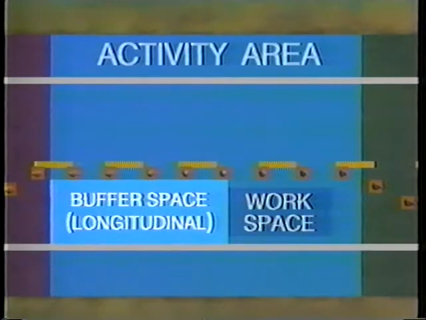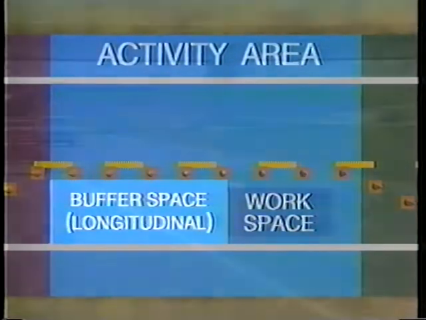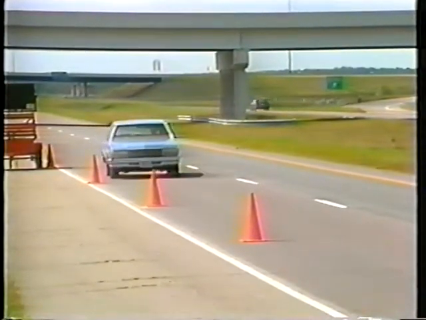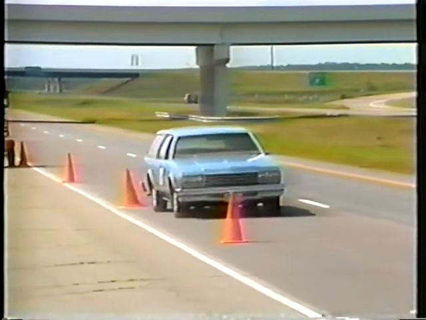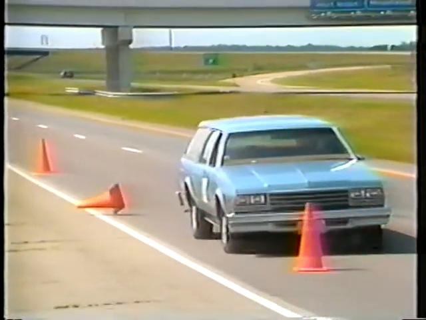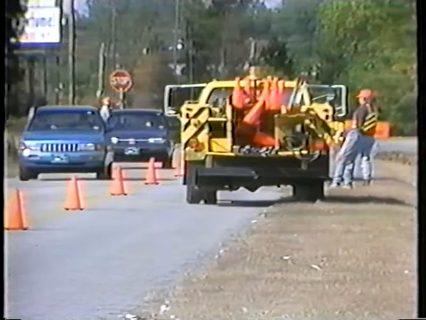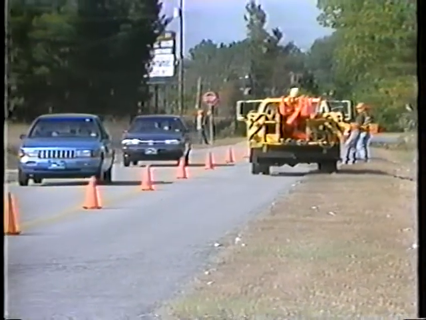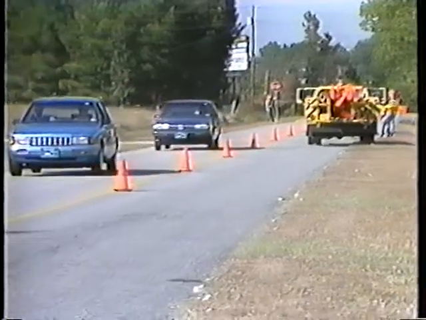The longitudinal buffer space is between the transition area and the workspace and provides room for the driver to stop his vehicle if he fails to negotiate the transition taper and before he enters the actual workspace. It is important for the buffer space to be free of equipment, workers, materials, and vehicles.